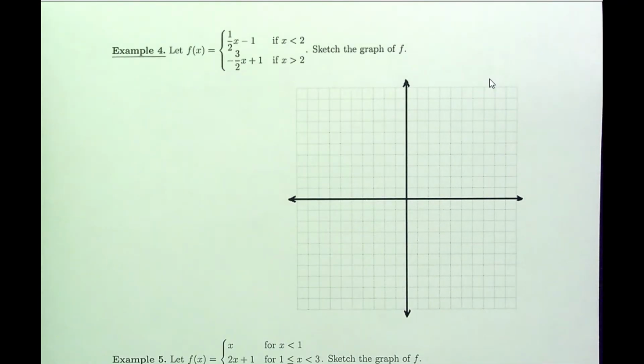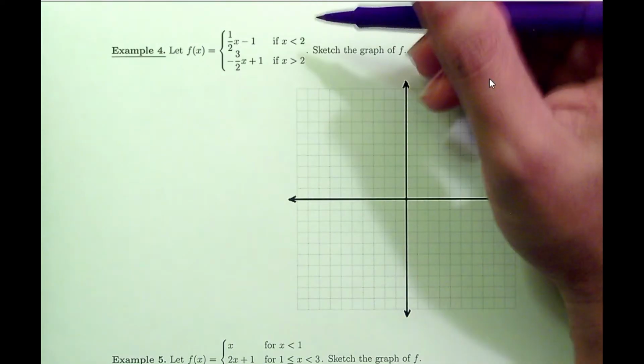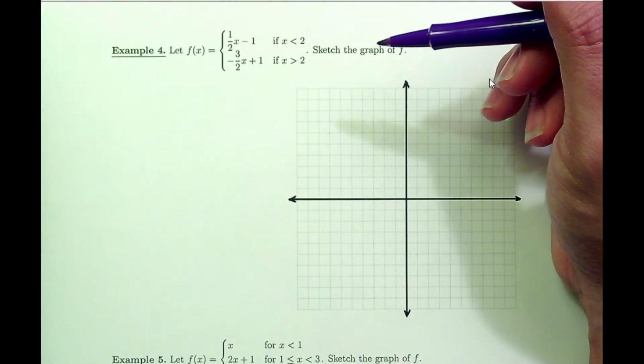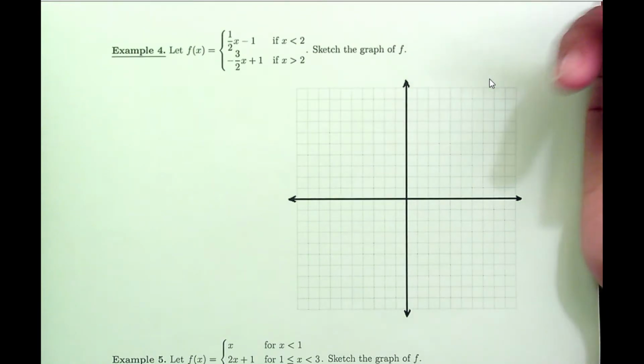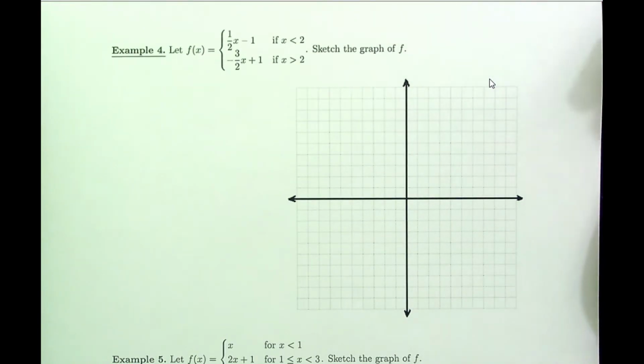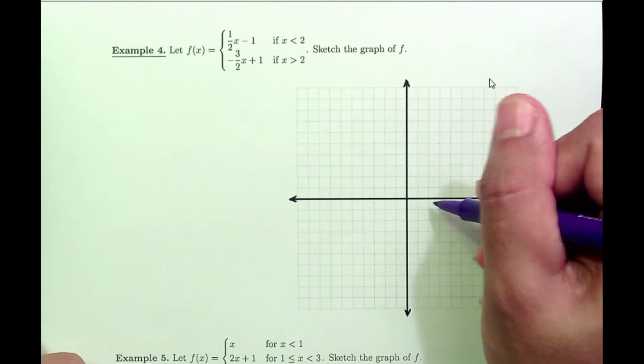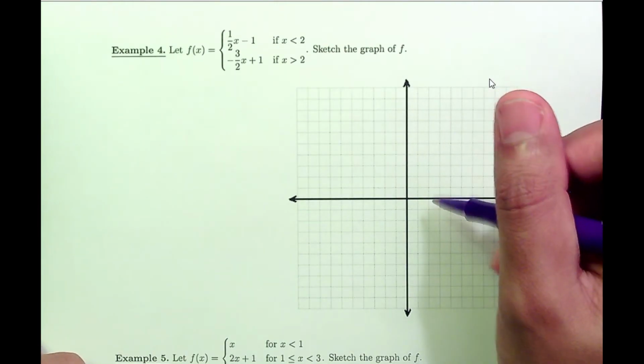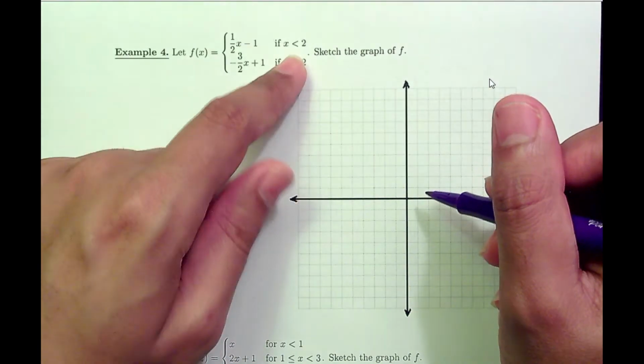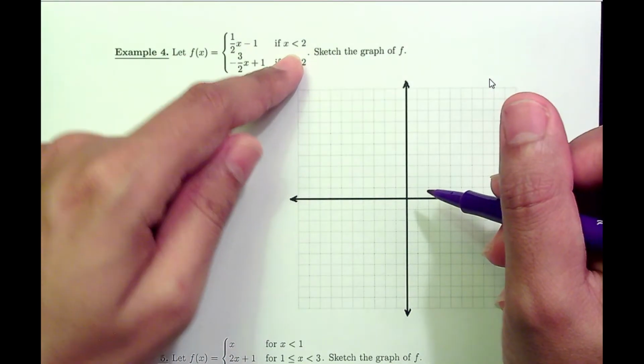All right, so both are going to be lines, and I want to start by knowing where do they stop and where do they begin. So the top one starts from minus infinity and stops when x equals 2. So right at x equals 2, what do we get when we plug in x equals 2? That's going to be the end. It's not going to be part of the graph.